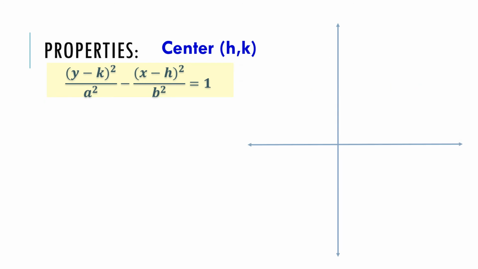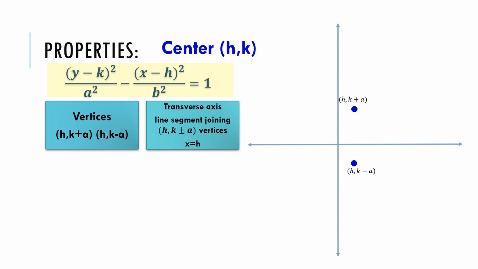Balik tayo naman. Si y naman si positive, kasi nasa kanya si a squared. Y minus k squared over a squared minus x minus h squared over b squared equals 1. Vertices, k units from the center. So, ang magagalaw naman dito ay yung ating y. Ganyan pa din. Ayan.